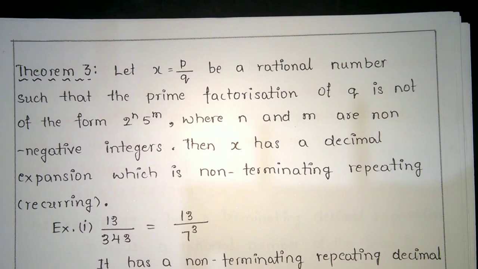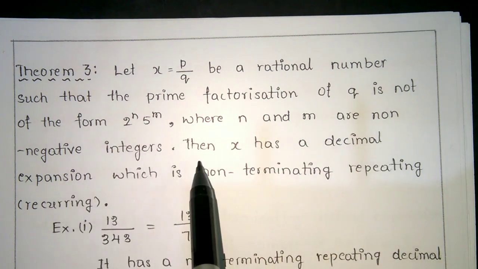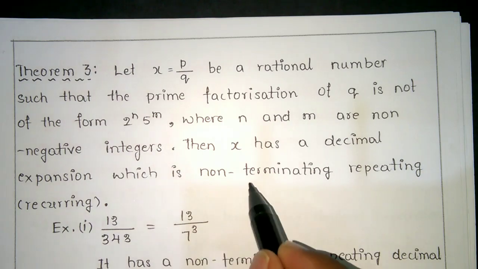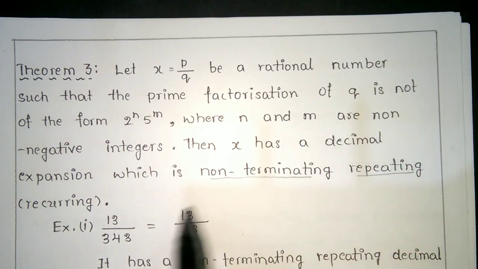Next, theorem third. Let x is equal to p by q be a rational number such that the prime factorization of q is not in the form of 2 power n and 5 power m, where n and m are non-negative integers. Then x has a decimal expansion which is non-terminating, repeating. Non-terminating means repeating or recurring.